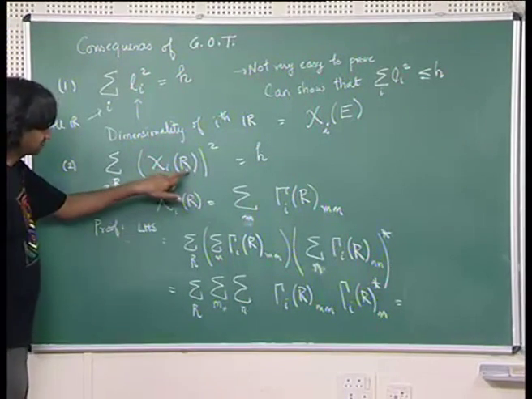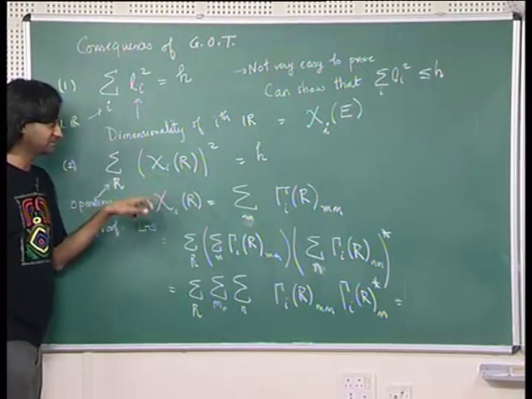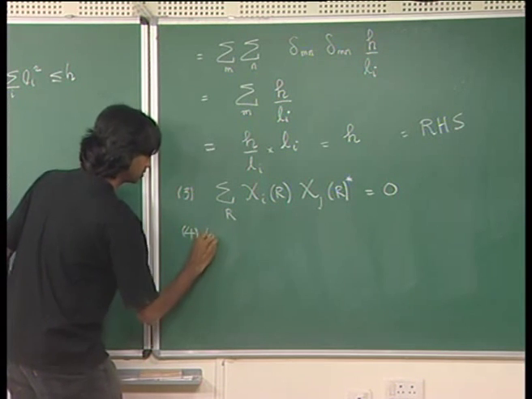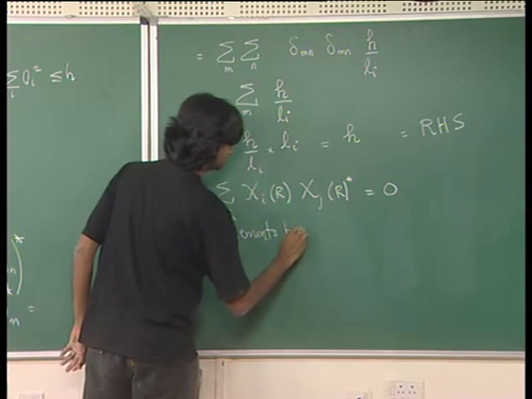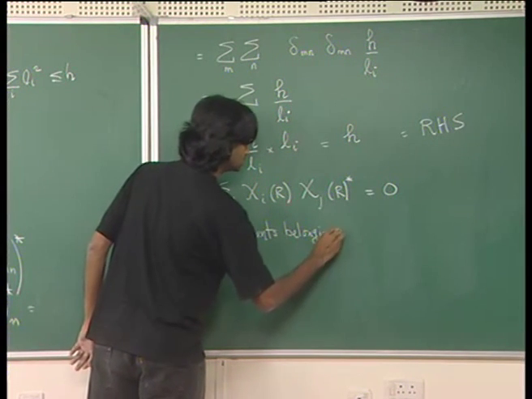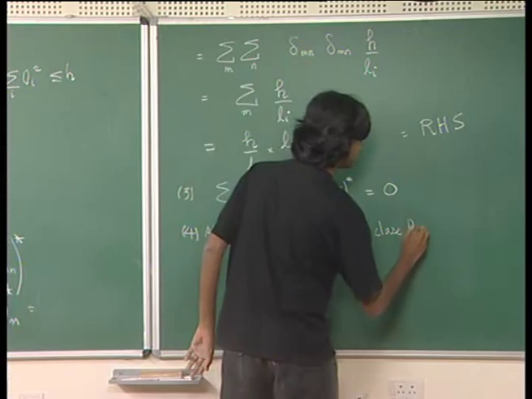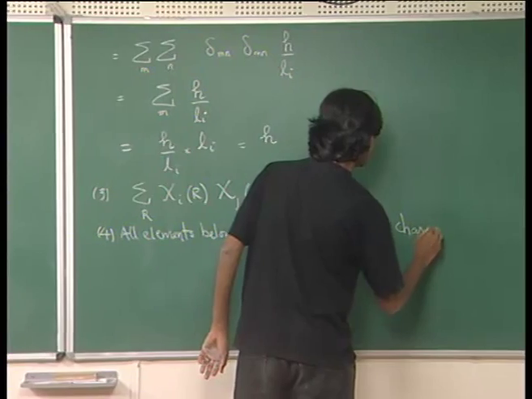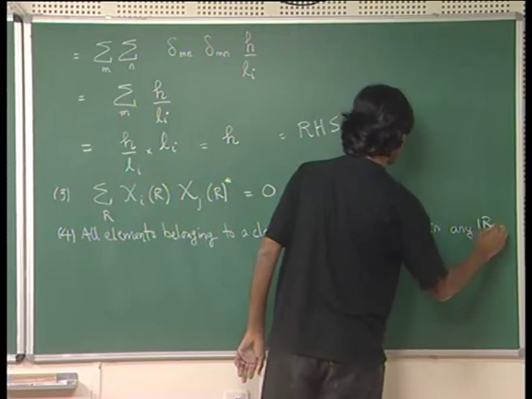If two R's belong to the same class, they will have the same trace in that particular representation. So all elements belonging to a class have the same character in any irreducible representation.